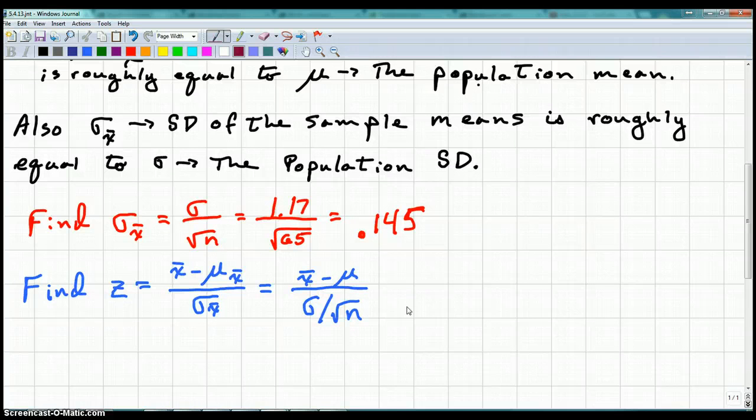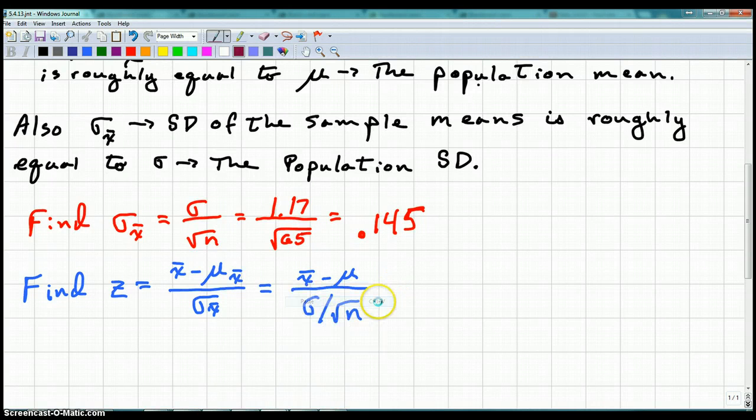All right, now that we know the standard deviation of the sample means, we need to find our z-score. And we're going to use z is equal to x bar minus mu sub x bar all over sigma sub x bar, which can roughly be translated to x bar minus mu, the mean of the population, over sigma, the standard deviation of the population, divided by the square root of n.